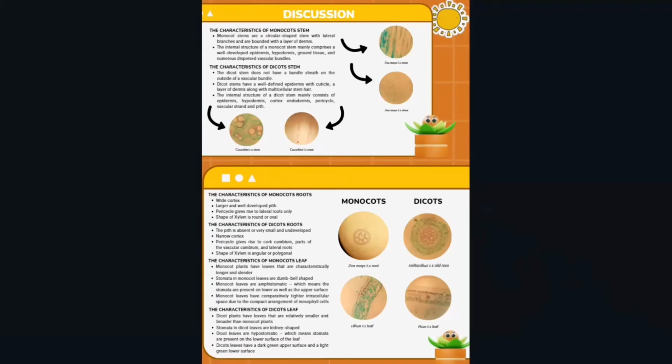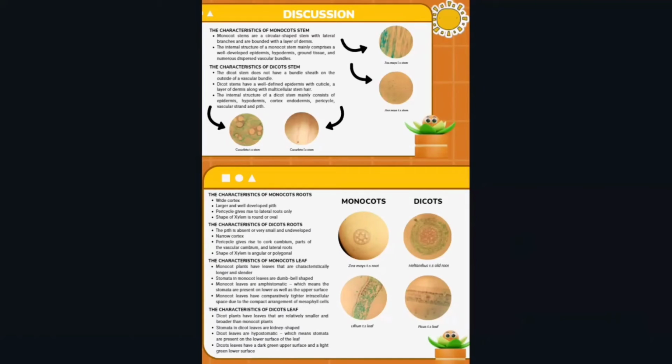The third, monocot leaves are amphistomatic, which means the stomata are present on the lower as well as the upper surface. And the last, monocot leaves have comparatively tighter intercellular space due to the compact arrangement of mesophyll cells.